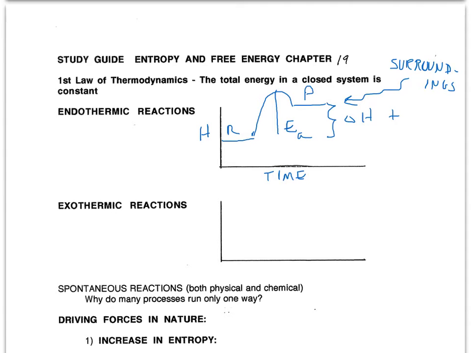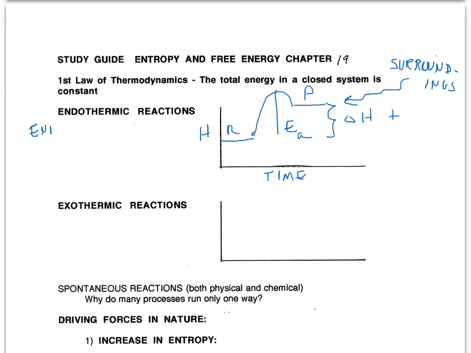The system is generally our chemical reaction, and the surroundings is how that reaction affects the area around it. So there's your exchange of energy. Energy does not come from nowhere. It comes from the surroundings into the system.